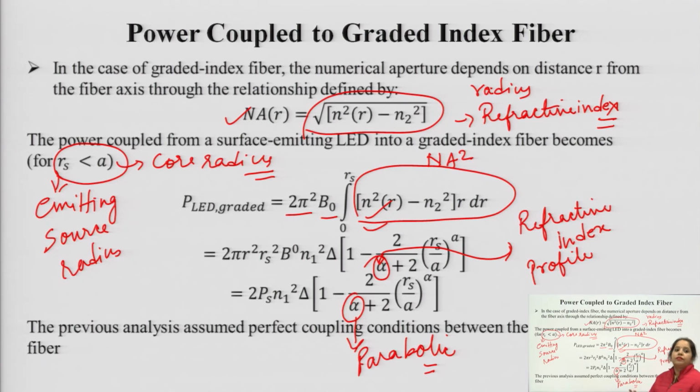When we take a uniform one, the alpha value is different. When we take a triangular profile of refractive index, the alpha value is different, and for the parabolic also alpha is different. But in most general cases we take the refractive index profile for the gradient index fiber as a parabolic one, because in that case the matching is good.